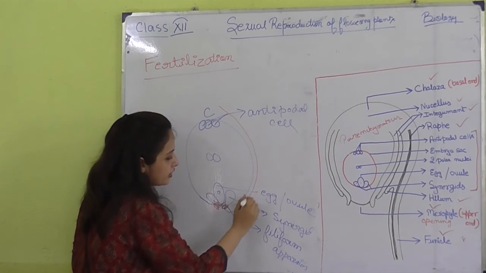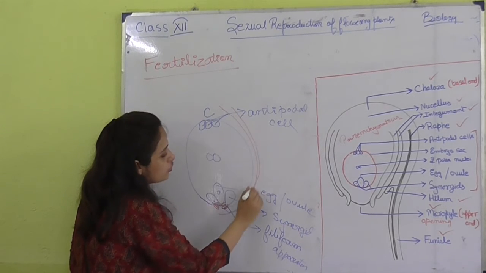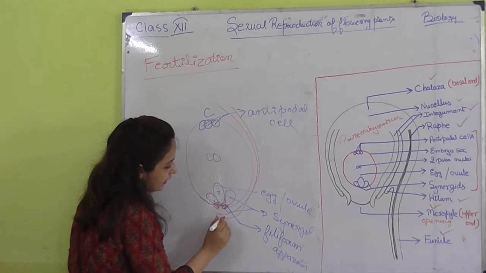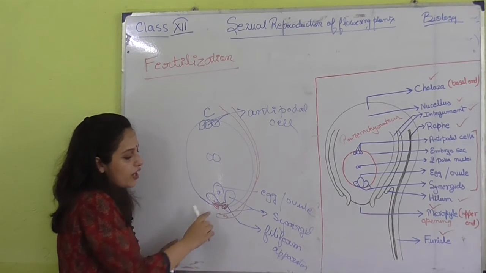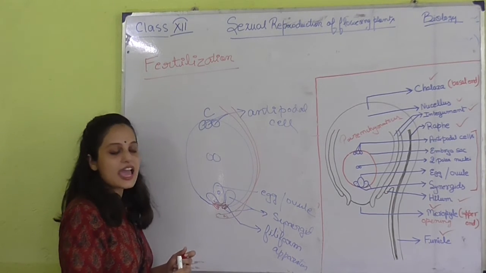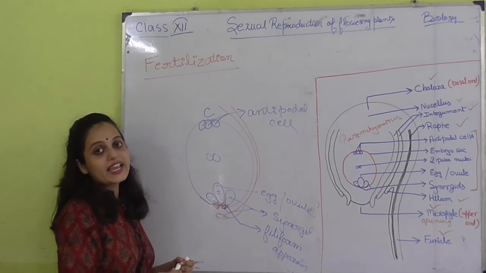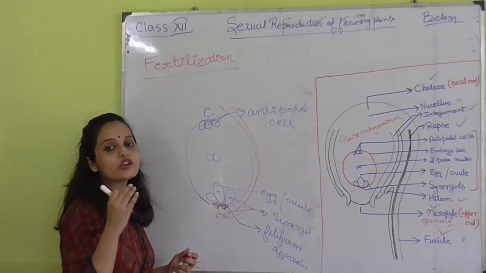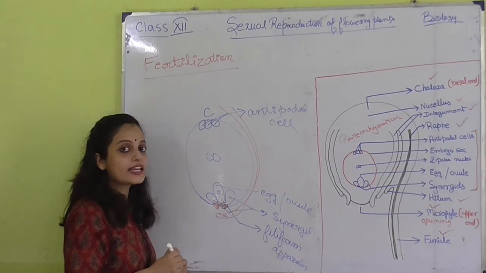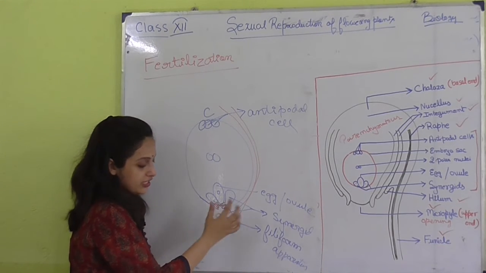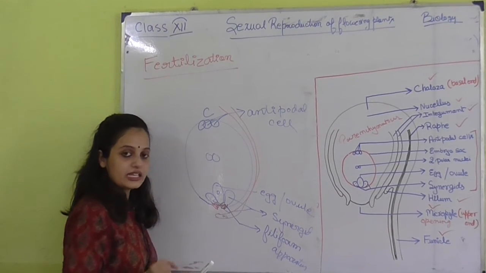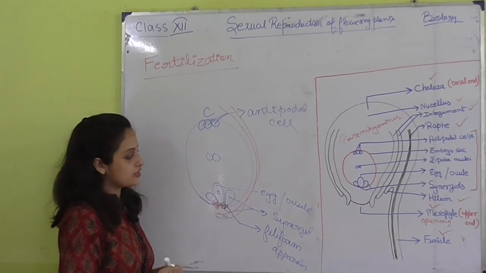So this is the pollen tube, which enters through the micropylar end containing the two gametes. So what is the work of synergids and the filiform apparatus? They guide the pollen tube, and as you can see, this comb-like structure will catch the pollen tube.